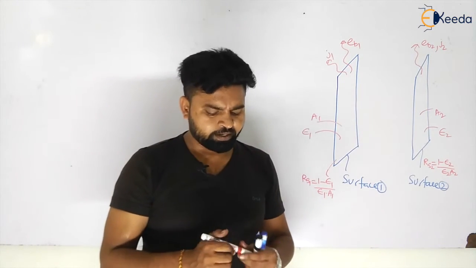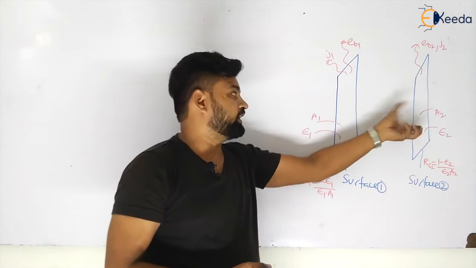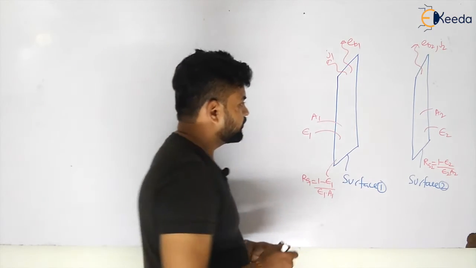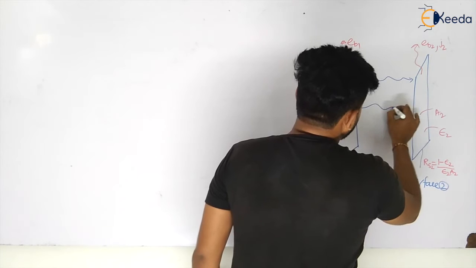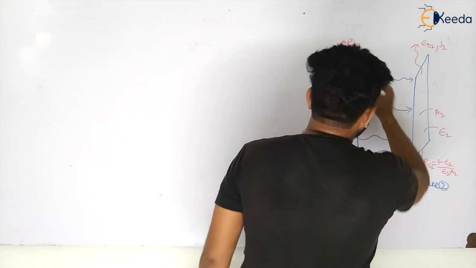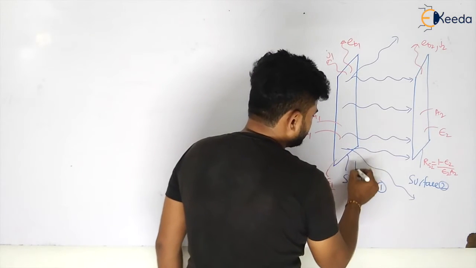So when the radiation is coming out from this, maybe falling on 2, and the radiation coming out from 2 is maybe falling on 1, what will it become? Let us see. Some radiation is coming out from 1 and falling on 2, and that fraction of radiation will be called your shape factor, my dear students, and some may be going out in all directions. So this will be F12.